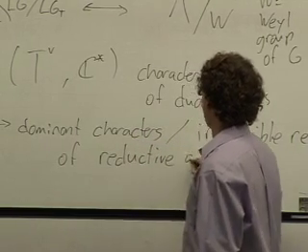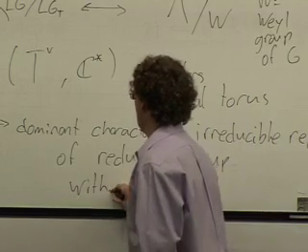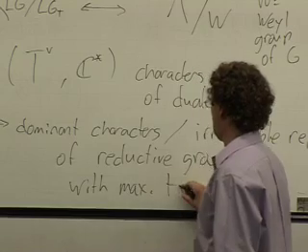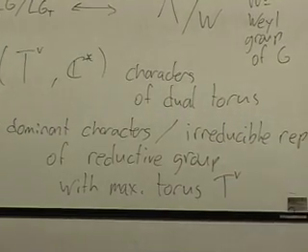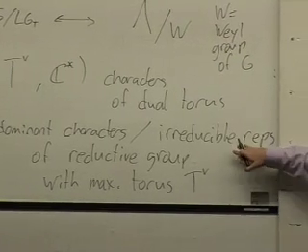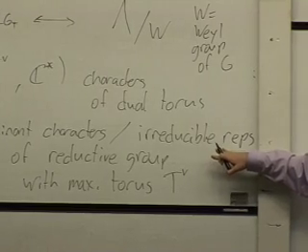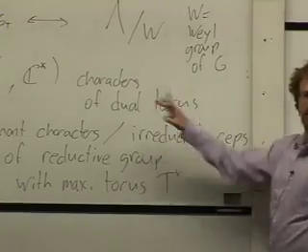So if we had a nice reductive group with maximal torus T check, then its irreducible finite dimensional representations are exactly given by highest weights, which are W orbits of this form.